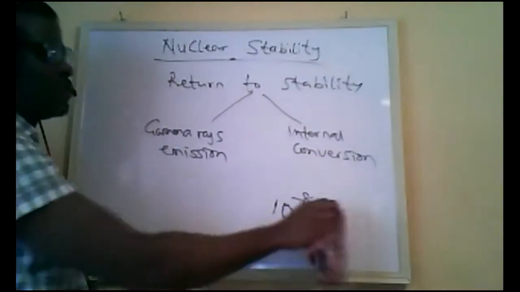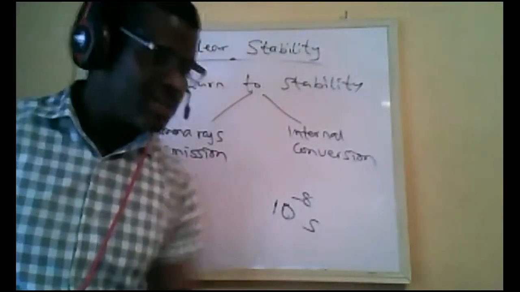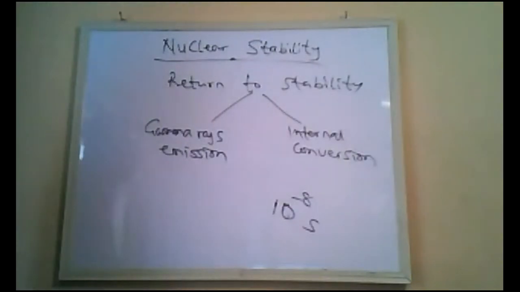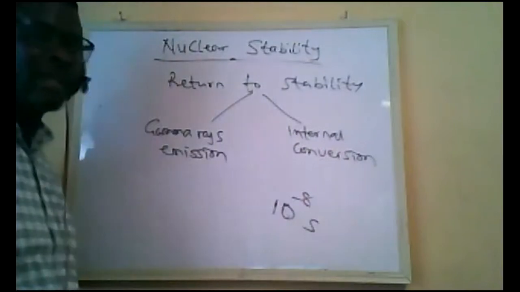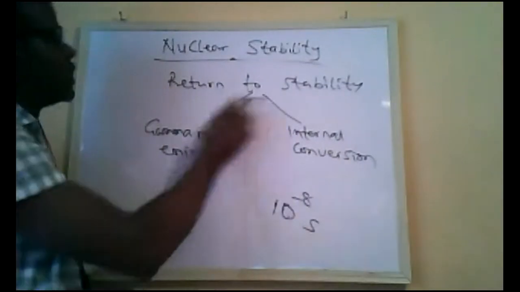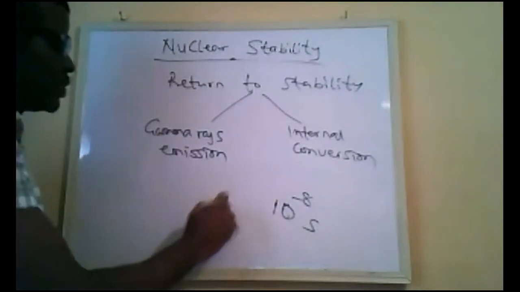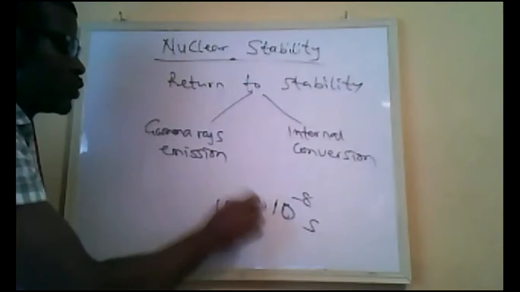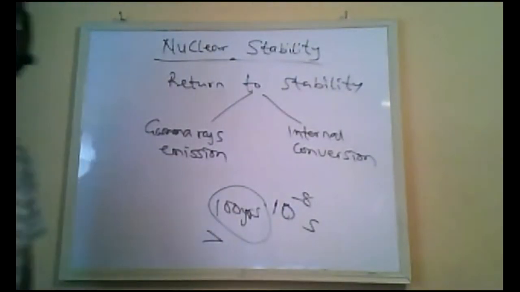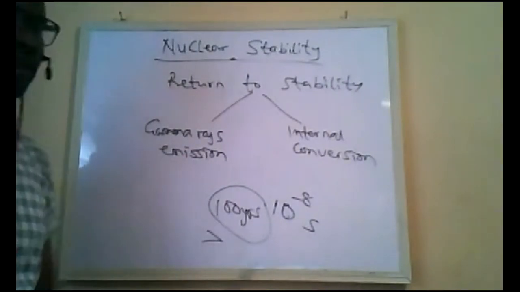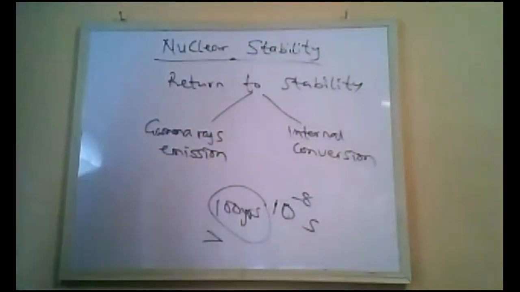We can't decipher this duration with our eyes. It is impossible. At times, this return to stability can take years in some nuclides. There are some that can take up to 100 years to come back to stability, or even more. Whereas some take just a fraction of a second, like what we encounter in nuclear medicine with technetium 99.